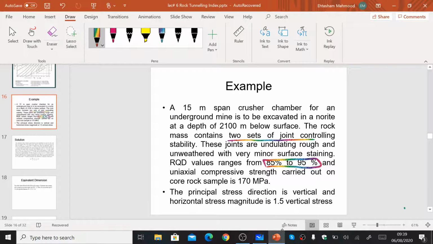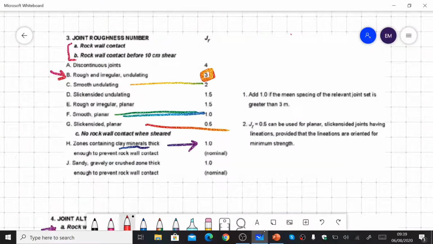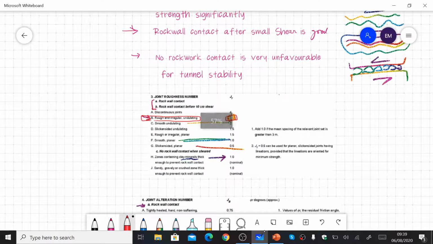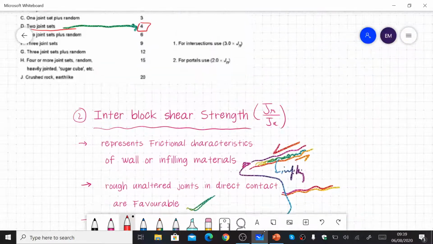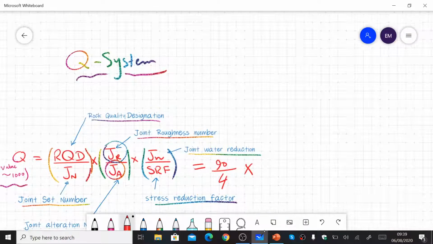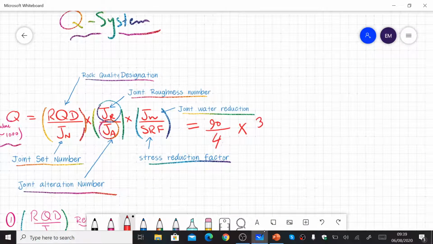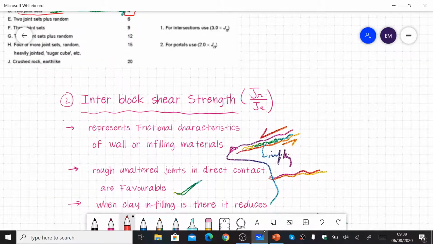It says the joints are undulating rough. So I'll go and look here. This looks to be the choice, undulating and rough. So this value of 3 can be used from here. Okay, so I will use a value of 3 as Jr, and now look for Ja.